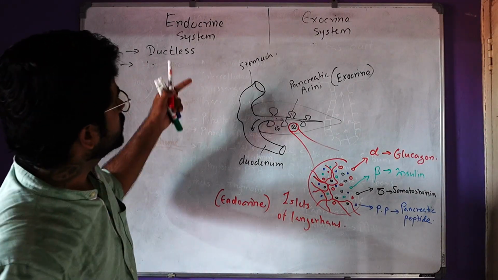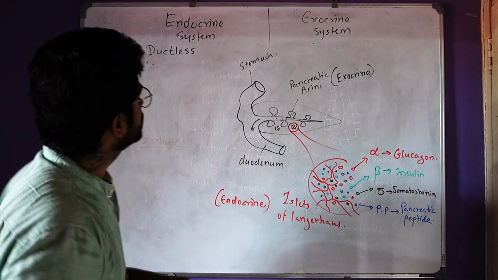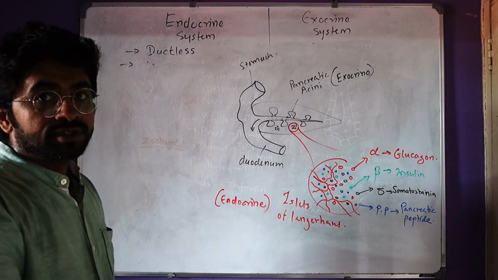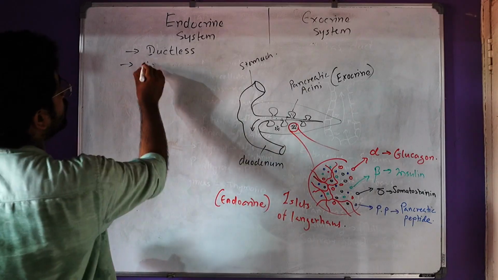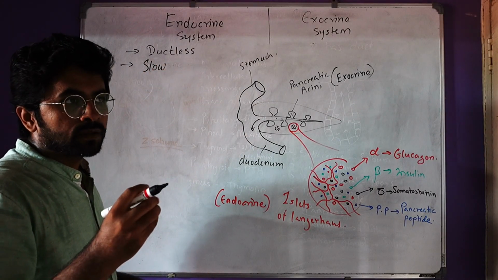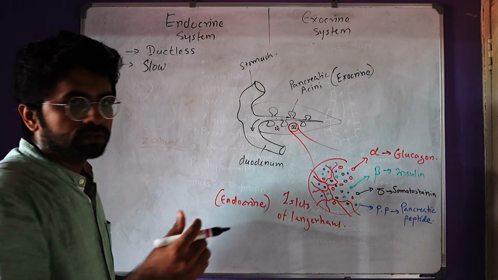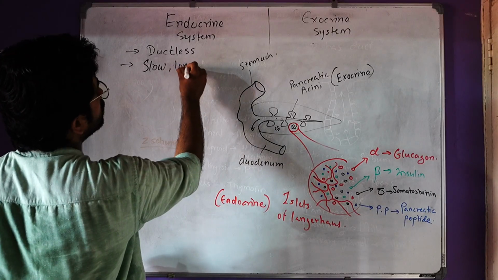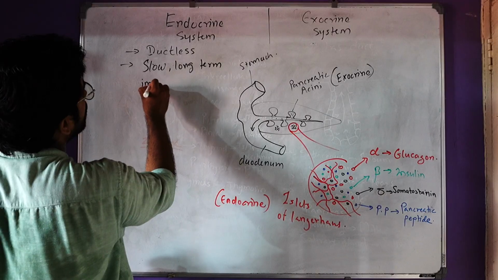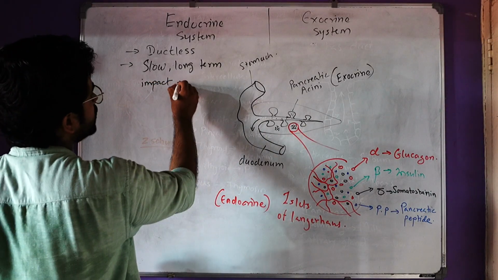So it was all about endocrine system, exocrine system. If you compare the speed, then we can say that endocrine system is relatively slow, but it creates a long term impact on the target organ. Slow but long-term function is performed by the target organ.